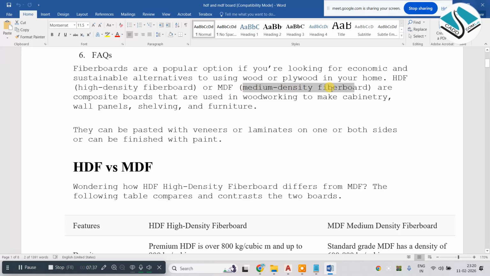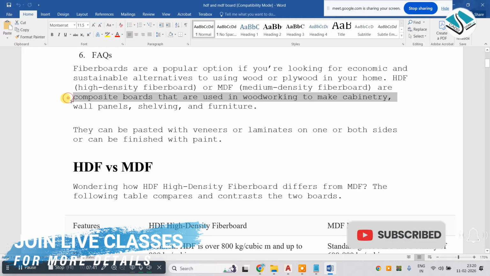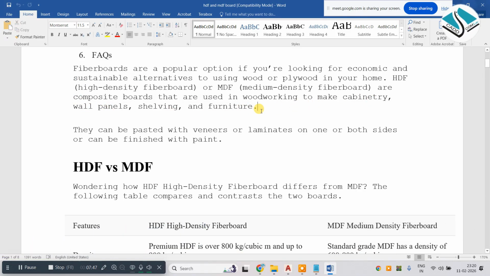MDF means medium density fiber board. HDF and MDF are composite boards that are used in woodworking to make cabinetry, walls, panels, shelves, and furniture items, etc. They can be pasted with a veneer and laminate on one or both sides.